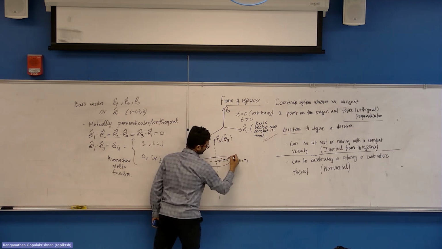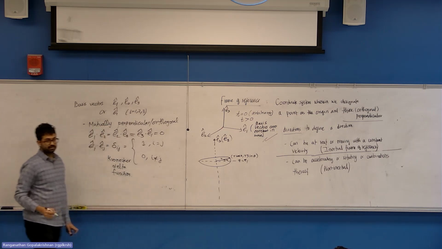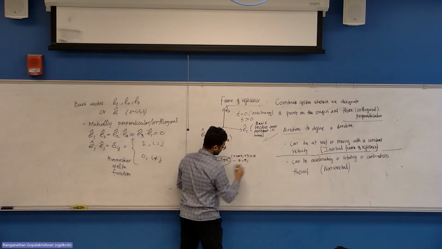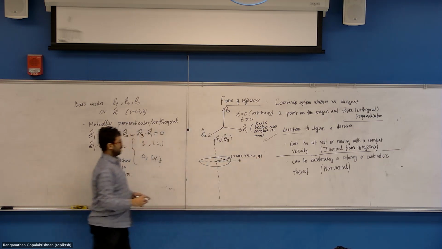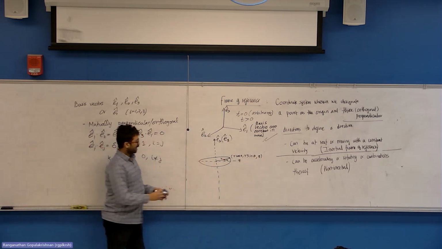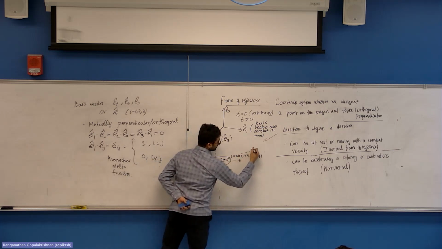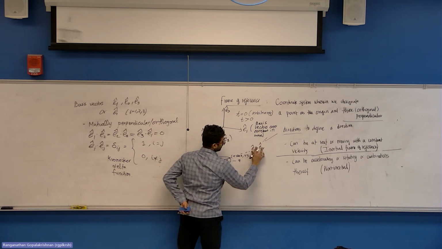So you can write this as r cos theta, r sin theta in that plane. And if I add one more coordinate, z, I can define this direction as E1 or E radial.